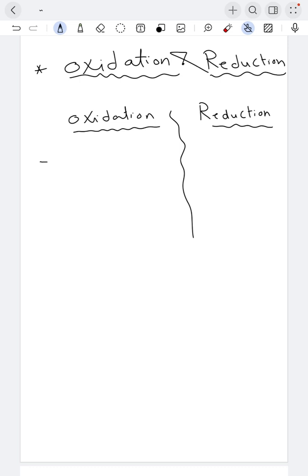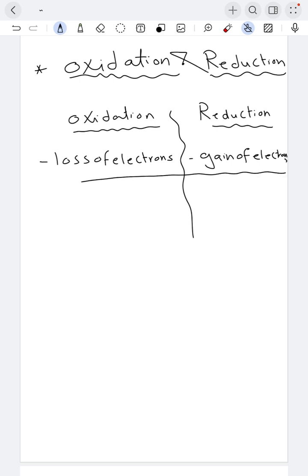First, oxidation means loss of electrons, while reduction means gain of electrons. This is the first definition for oxidation and reduction.